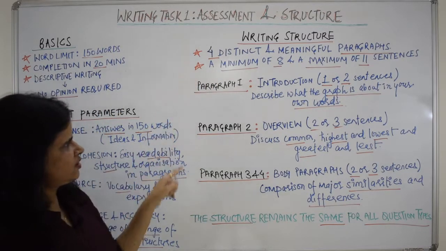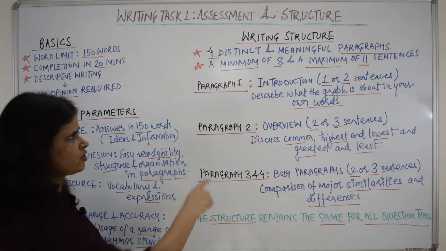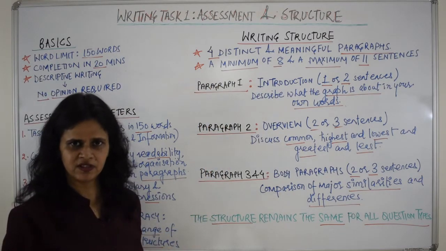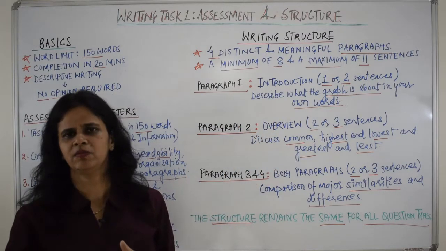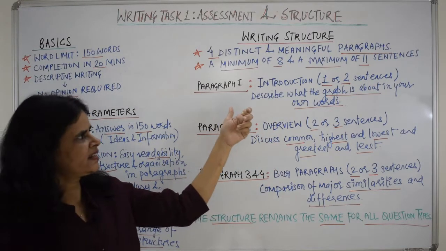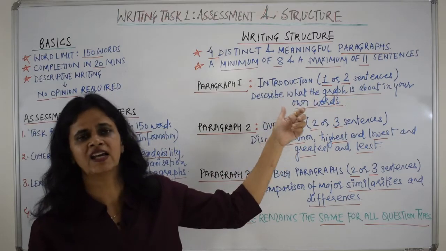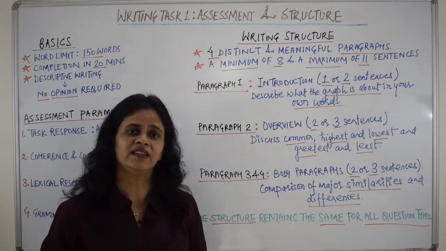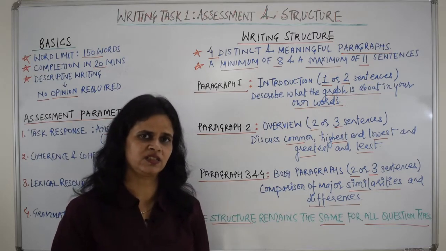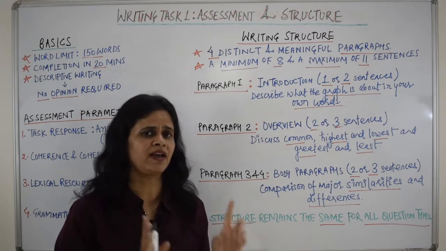So let us revise the structure again. It should consist of 4 paragraphs, with a minimum of 8 and a maximum of 11 sentences. Paragraph 1, the introduction, has to describe what the graph is about in your own words. The question statement has to be paraphrased here.